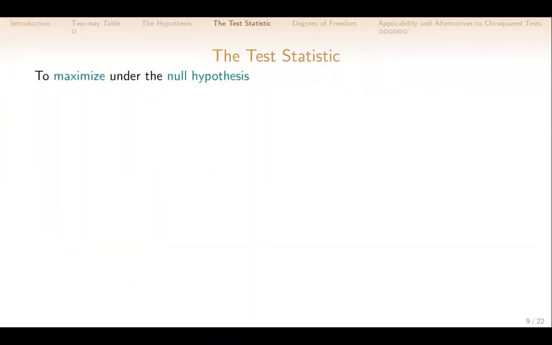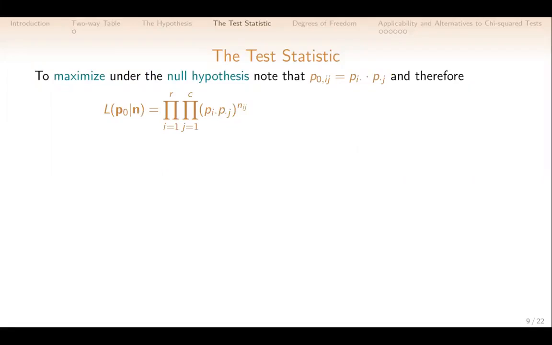Okay, now we have to maximize under the null hypothesis. So in that case, P naught ij is Pi dot times P dot J. And so if I look at the likelihood function under the null hypothesis, then I have again the product over I's and the product over J's, and I replace Pij with its form under the null hypothesis, which is this product Pi dot times P dot J to the power Nij.